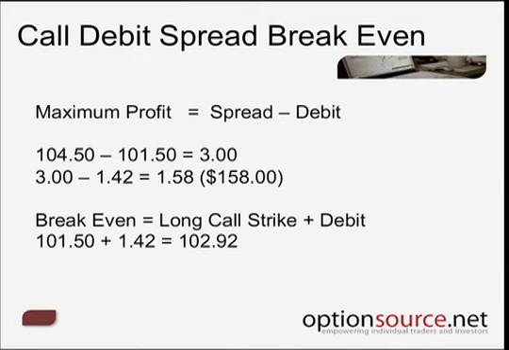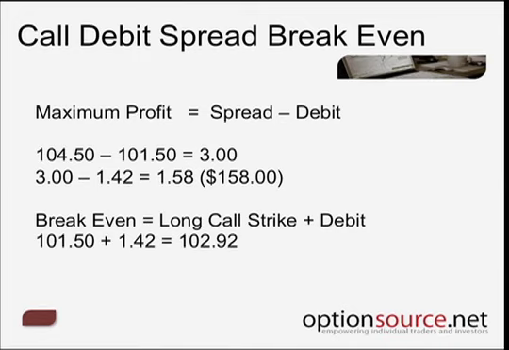But again, if we're considering the risk of overpaying for our option contracts, then this would be a limitation that we would be more than happy to take on, so that we increase the probabilities of us being right and in fact profiting. So maximum profit equals the spread differential between the purchased call and the sold call minus the debit. So first of all, we need to determine what the spread differential is. Well, in this case, it's a 104.5 was our short call.